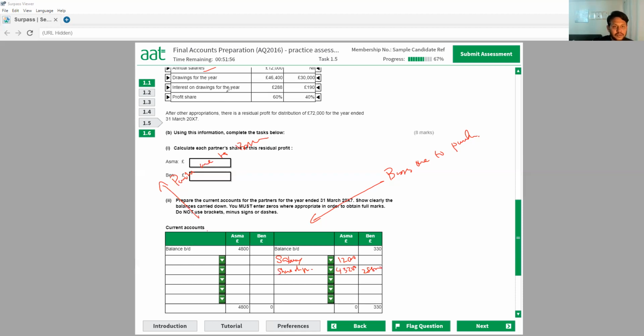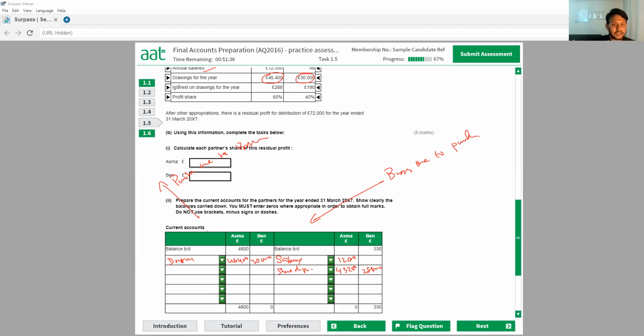Then the drawings go on the other side. Drawings means how much they already took from the business. So drawings 46,400 for Asma, 30,000 for Ben.